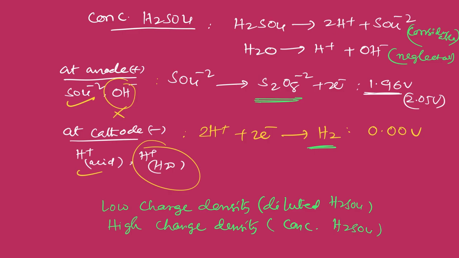Sometimes instead of dilute and concentrated they may use the words low charge density and high charge density. So be careful, very important for PU, board level and competitive level exams.